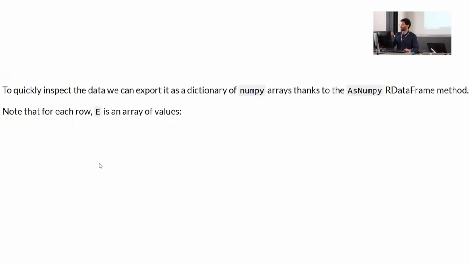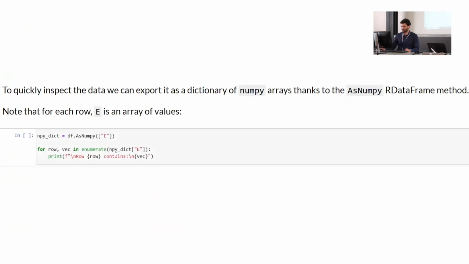And now we would like to inspect the data set. In particular here, I will use a functionality available in RDataFrame, which is already a bit more advanced, which is the possibility to convert one or more columns of your data set into NumPy arrays.